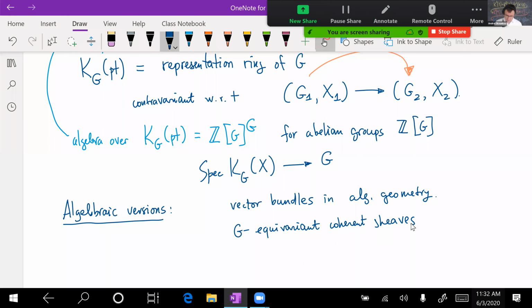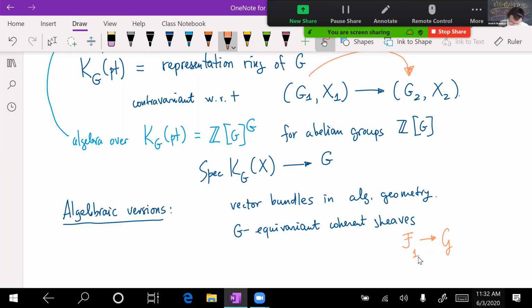In general, there's a similar definition of what it means for a group to act on a coherent sheaf, but very prosaically, coherent means the sheaf has a finite presentation, so it has finitely many generators.